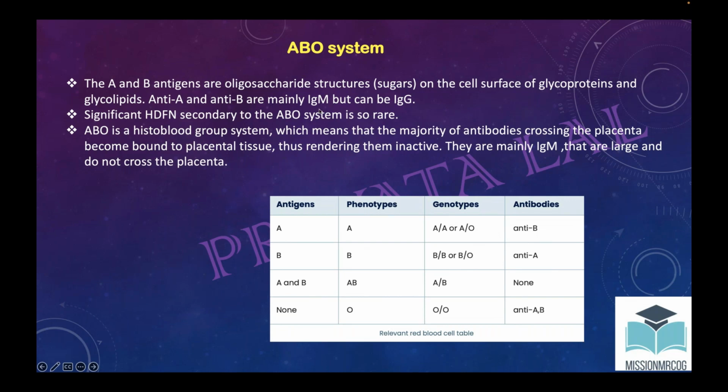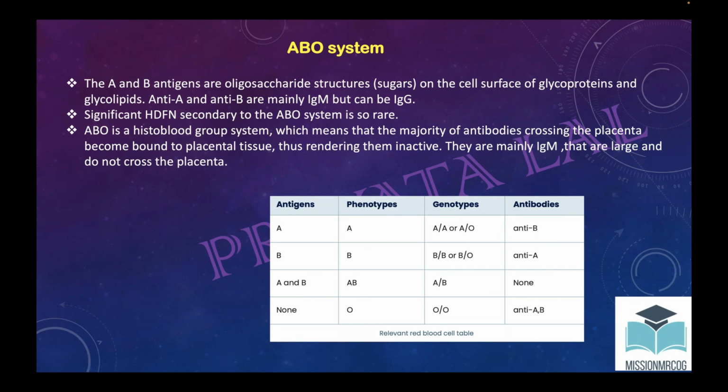And from our basic knowledge of undergraduate days, we know that IgM is the biggest, largest-sized antibody, and it cannot cross the placenta. Okay, because of that hemolysis will not occur. So the ABO system is associated with only a very mild degree of hemolytic disease of newborn.